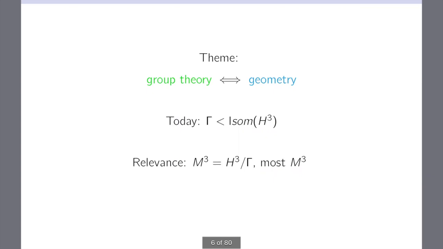Wherever gamma takes X, that's the orbit of my point X. I'm going to think of that as one thing because this is a quotient space. That's my equivalence class. In other words, if gamma takes x to y, then I think about x and y as the same. So I'm modding out by identifying points under the action of the isometry group.